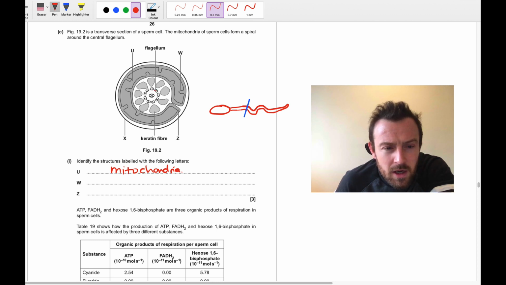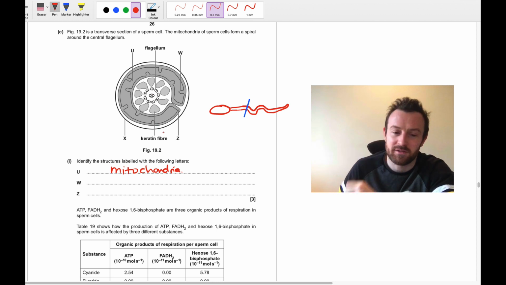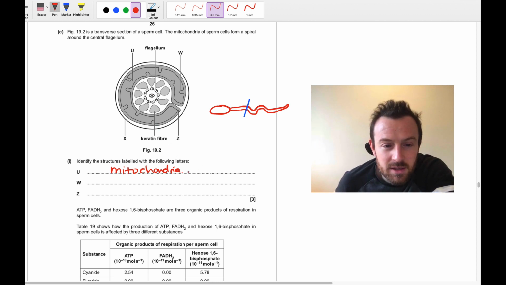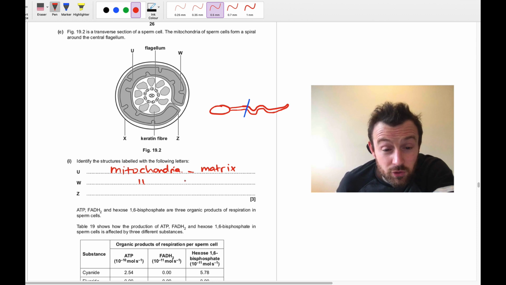What's W? Okay, they're all mitochondria, but what part of the mitochondria? So U is the mitochondrial matrix. W is the mitochondria, the crista is one of them, I guess. And finally, Z, intermembrane space.